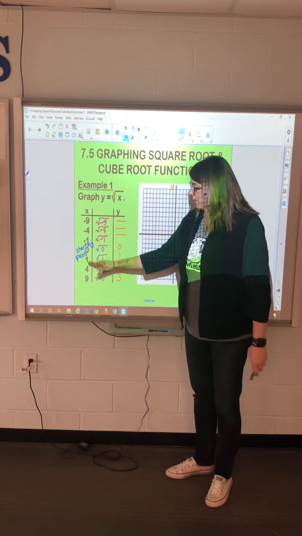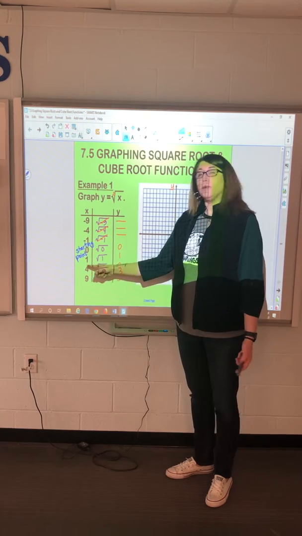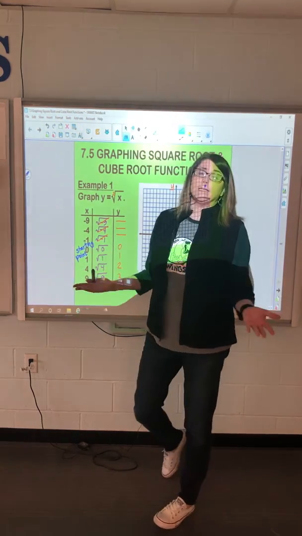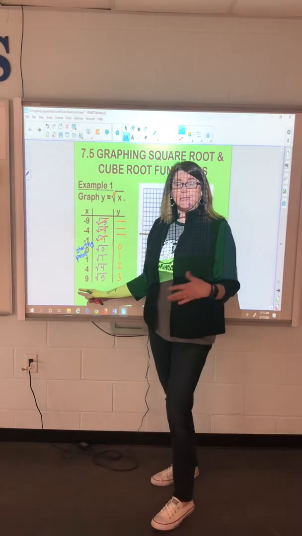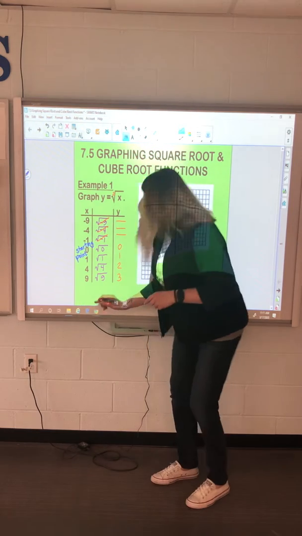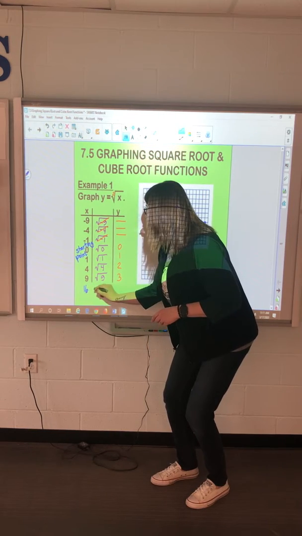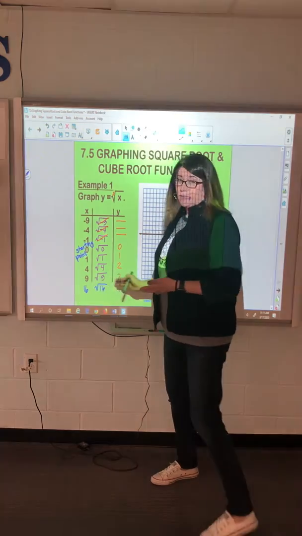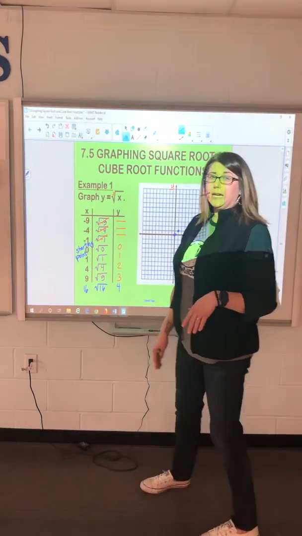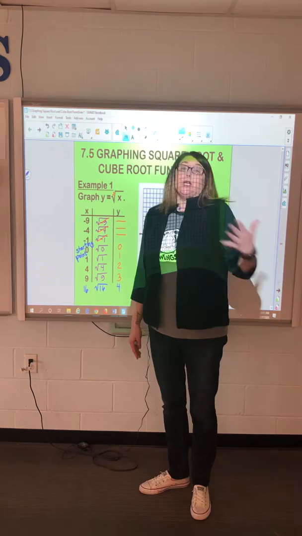Now you might be wondering, how did I know to pick those? Well, those were perfect squares. So for example, I'm probably not going to pick a 10 because the square root of 10 is not a perfect square. But I could pick a 16 because the square root of 16 is 4. Now this one's not going to fit on the graph that we have right here, but the idea is you could pick that number.